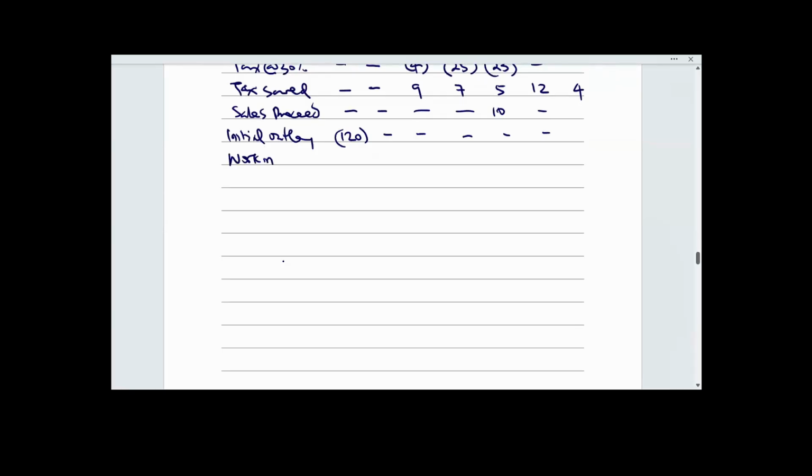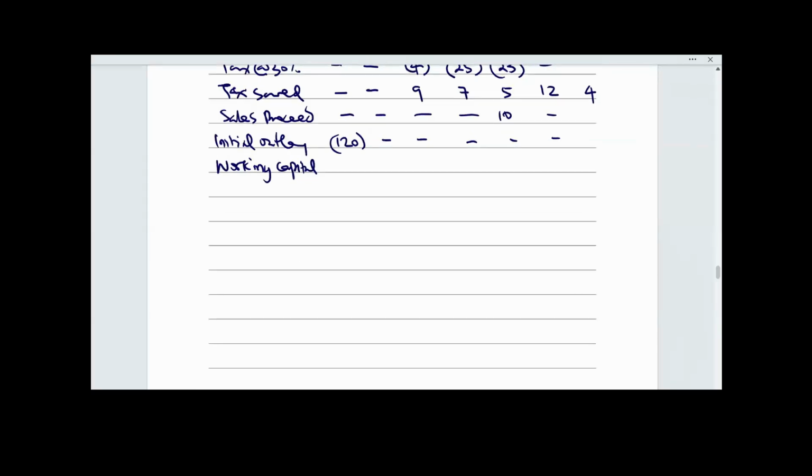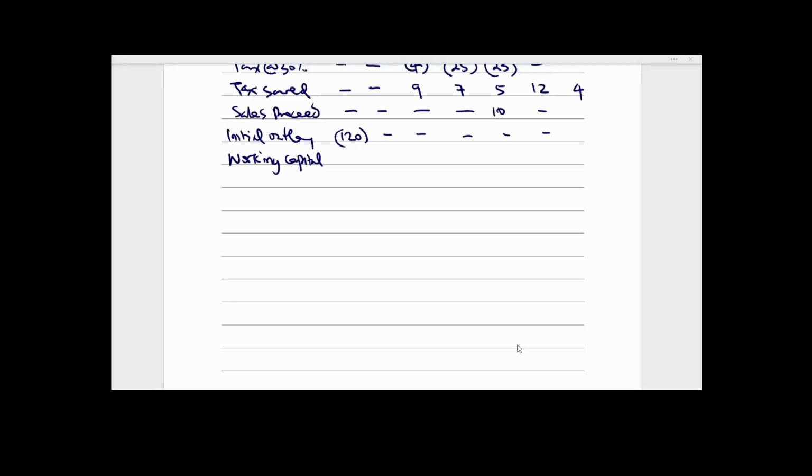Working capital. Kemi, you are the one that asked for working capital the other time, so you need to pay extra attention so that you understand how we are going to treat it. So I will go back to the question: how am I going to treat this working capital?